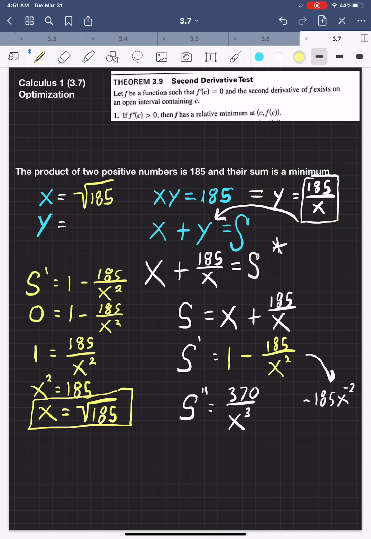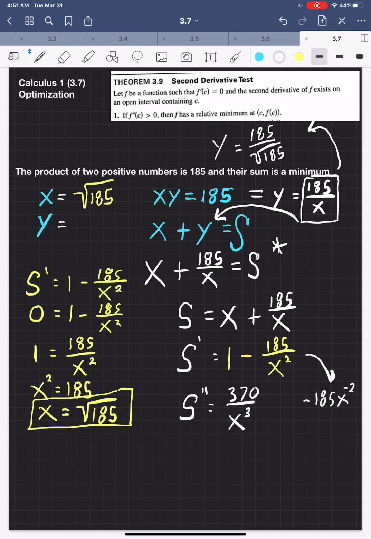All right, well, let's actually do that. So in this case, y is going to be equal to 185 divided by, because I'm just using this equation, the square root of 185.